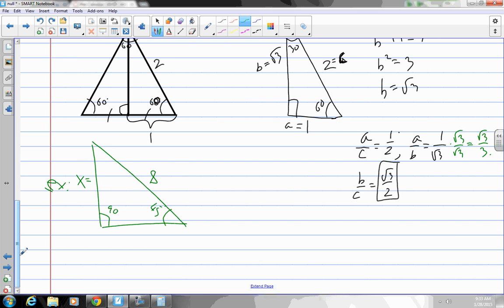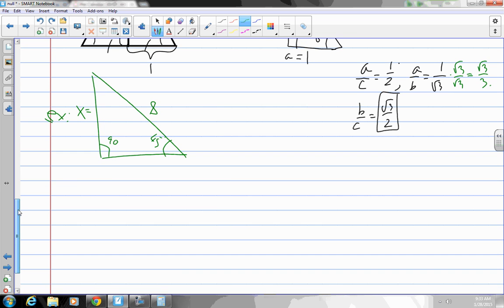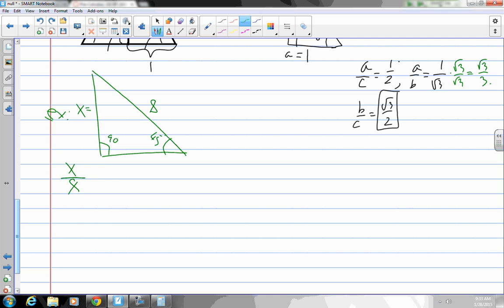So I know that the ratio of x to 8 is always going to be square root of 2 over 2 in that shape of a triangle. So I can find x now, right? So x equals 8 times square root of 2 over 2. Without using the Pythagorean theorem, I can now do that, provided it's one of those triangles that we just talked about.